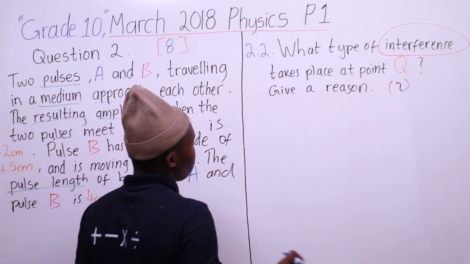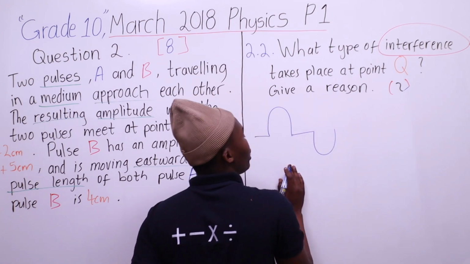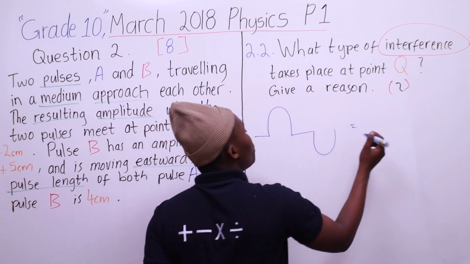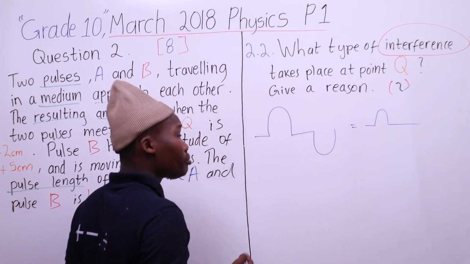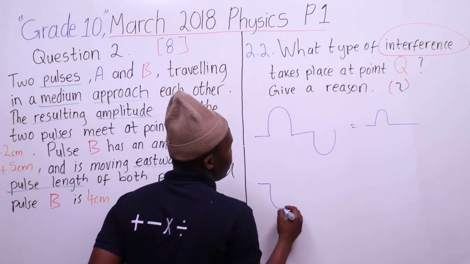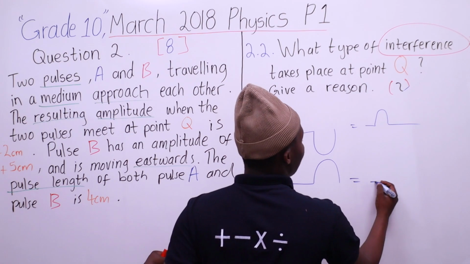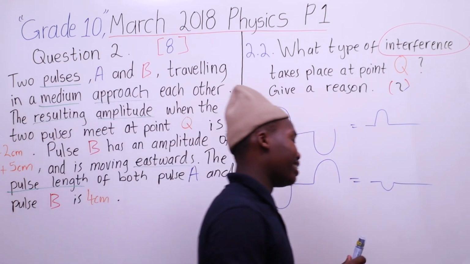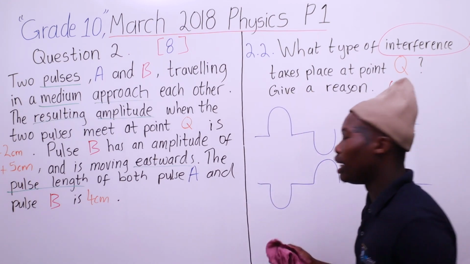Destructive interference is whereby a crest and a trough meet, and then they lead to a smaller pulse. And then we could have a trough and a crest, and then a smaller pulse comes out.